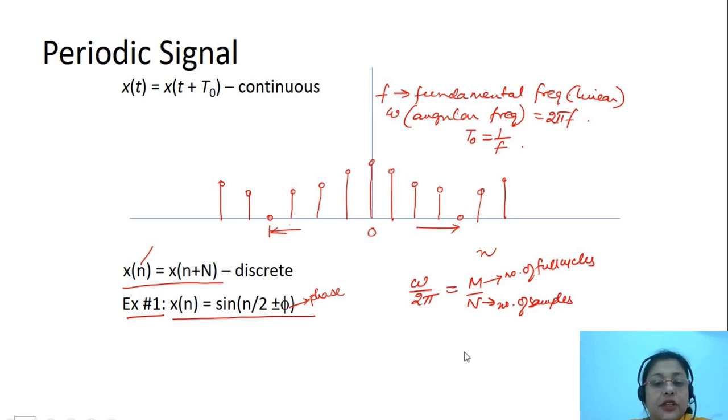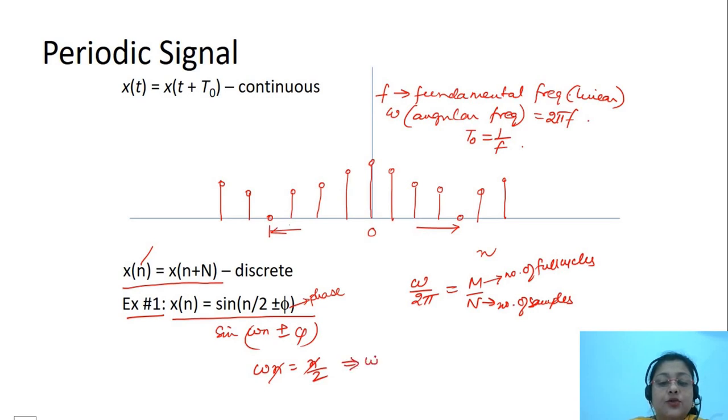Now let us come to this equation, x(n) equal to sin(n/2 plus or minus phi). So how to check whether this signal is periodic or not? You have to check it with sin(omega n plus or minus phi). Now here omega n is equal to n by 2. So you cancel n, which leads to omega is equal to 1 by 2.